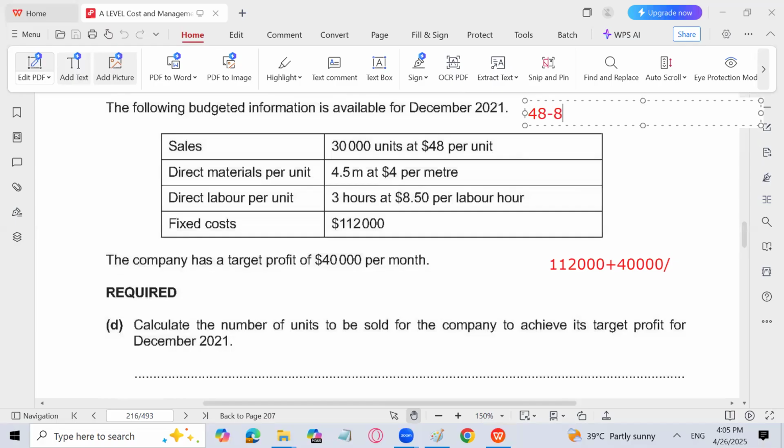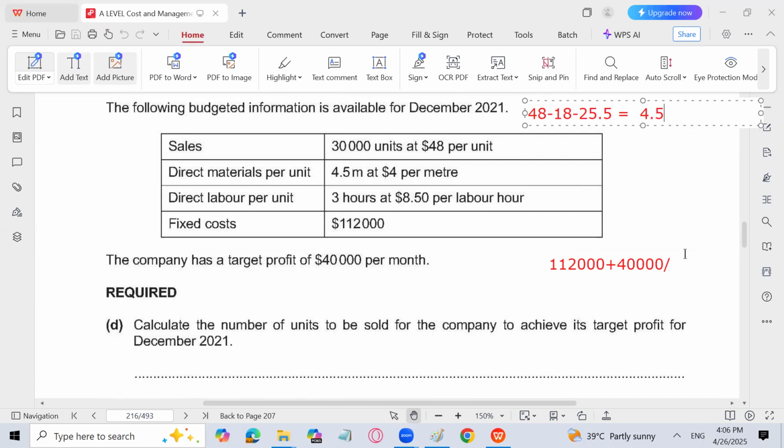So 48 minus 18. Then 3 into 8.5, which is the direct labor per unit, is 25.5. Right? Now calculate the contribution per unit: 48 minus 18 minus 25.5. 4.5 is the contribution per unit.